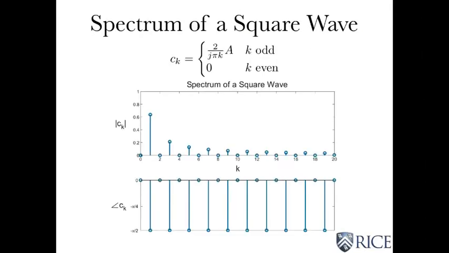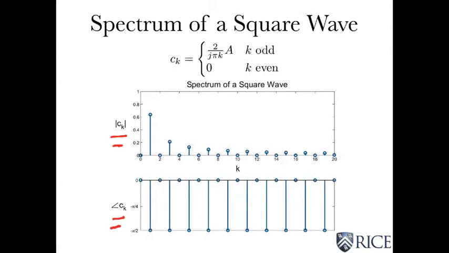So here's our Fourier coefficient formula, and here I'm plotting the spectrum of a square wave. I'm plotting the magnitude and phase of the Fourier coefficient. This should remind you of what we did for transfer functions, where we plotted the magnitude and phase of the transfer function.